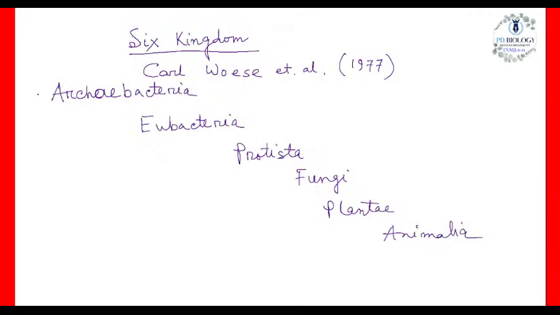See the six kingdoms, 1, 2, 3, 4, 5, 6. So here the separation from the previous one is that Monera is bifurcated into archaebacteria and eubacteria.